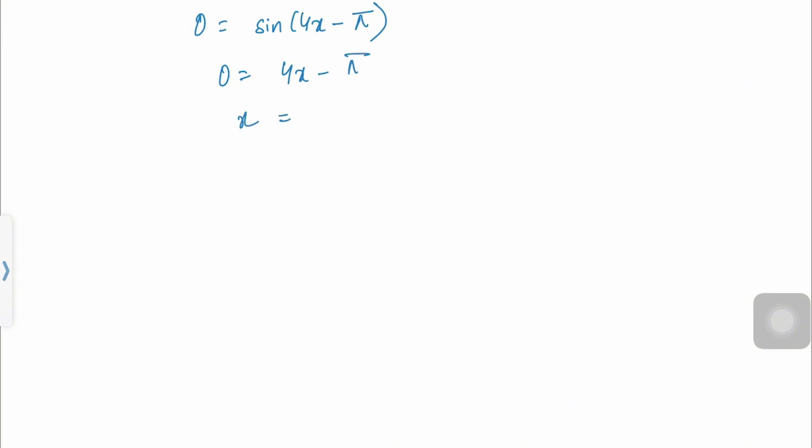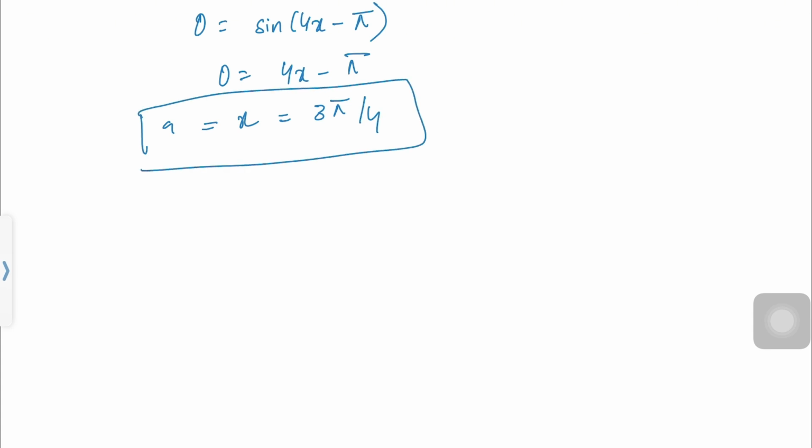Let's just solve this again. This would be 0 equals sine(4x minus pi), and this would be 0 equals 4x minus pi, and then our x, or A, would be 3 pi by 4. We'll get our answer as 3 pi by 4.